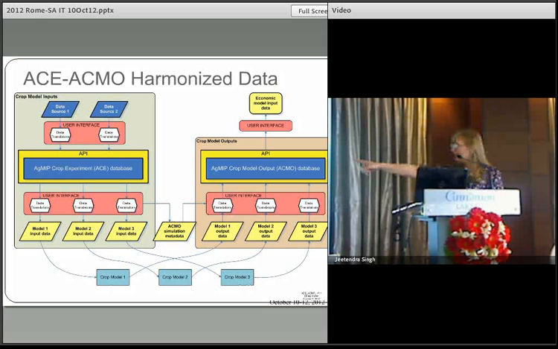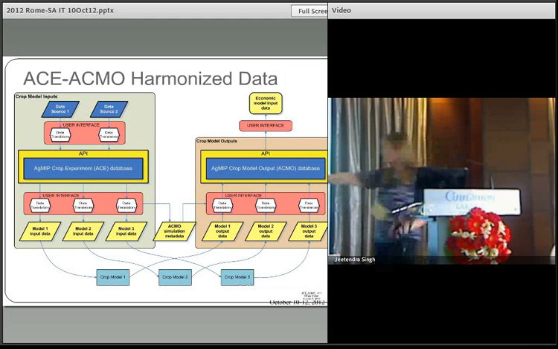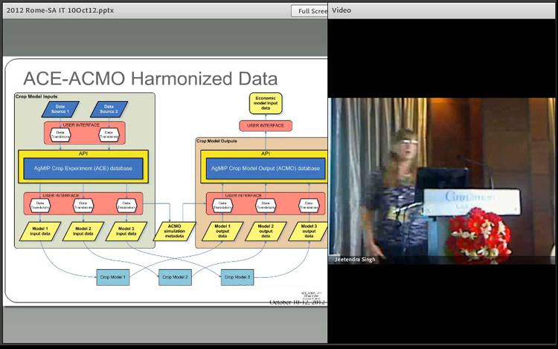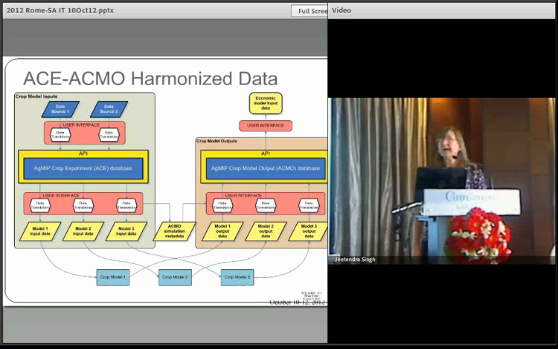These data translation tools allow us to take that harmonized data and write it out to the very specific model formats for each crop model. This is really something unique that AgMIP is doing that I haven't seen other groups doing at all.